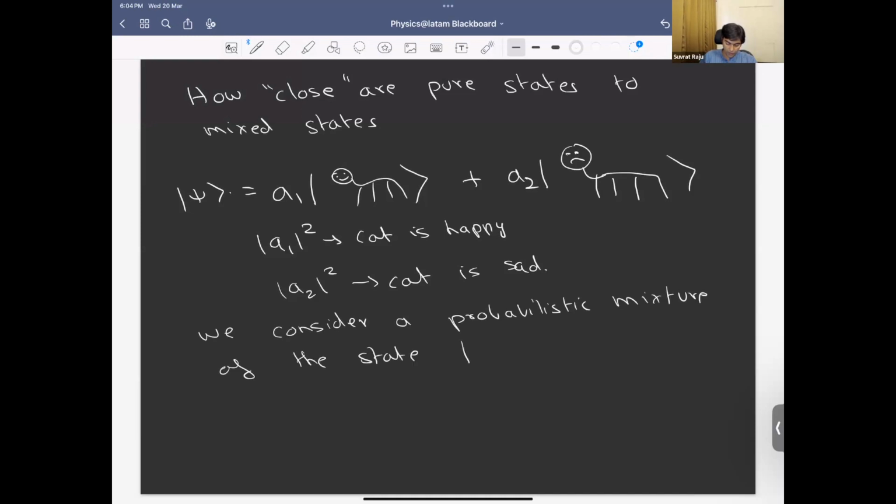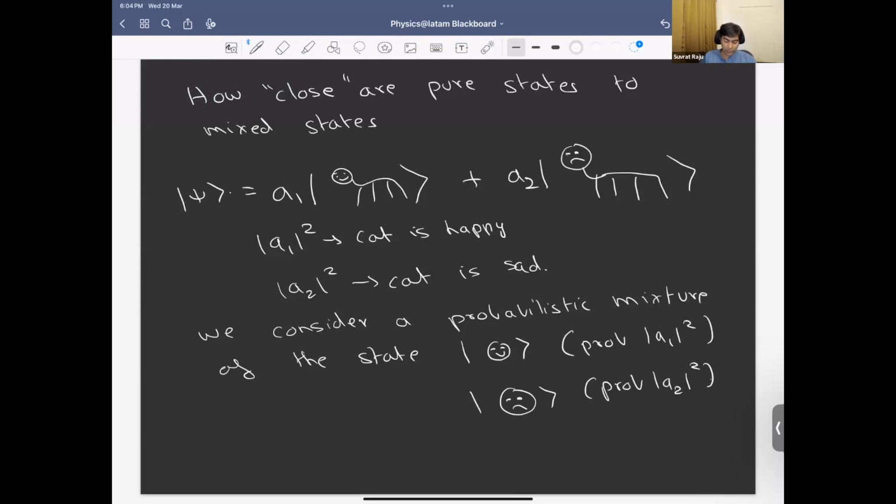So let me write the happy state, to which we assign a probability A1 squared, and the sad state, to which we assign a probability A2 squared. Now, this probabilistic mixture is different from the superposition that we had before.